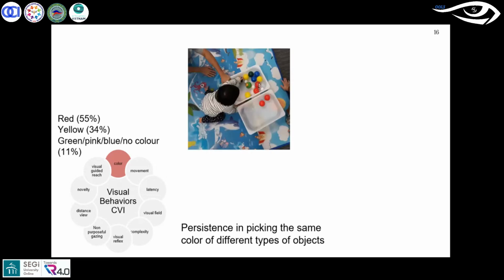For example, for this child, we give them a box of balls, and for the first few times she will always take the red balls and put them on the side in the next box. So this looks like she has the preference over red. That's the red ball that she's been persistently picking up every time we show a box of balls.